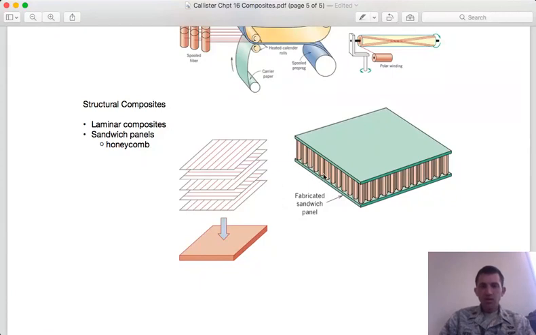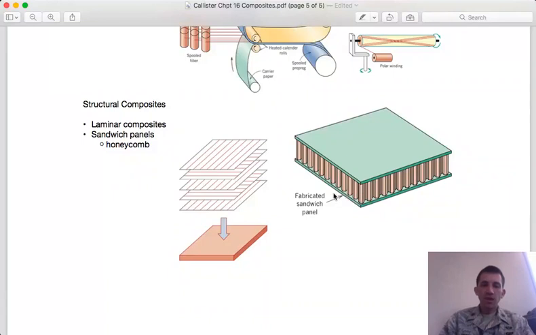In this case, you would have these laminar composites. You have various laminates, with fibers running in alternating directions, which gives quasi-isotropic properties, at least in this plane.